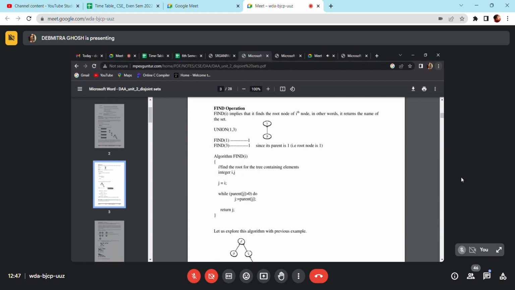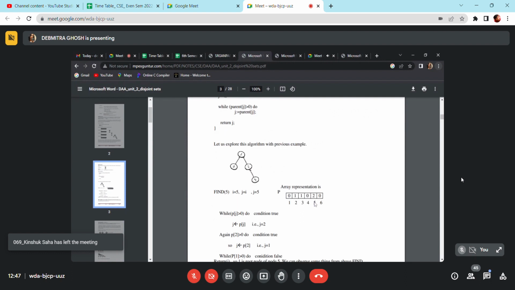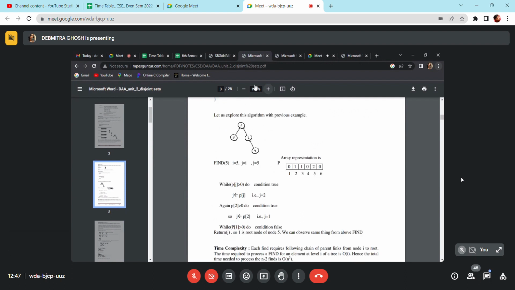The while loop will run until the parent comes to 0. Now we will take the value of j and return this value to the function find. This is the tree, this is the algorithm, and this is how it has been done.